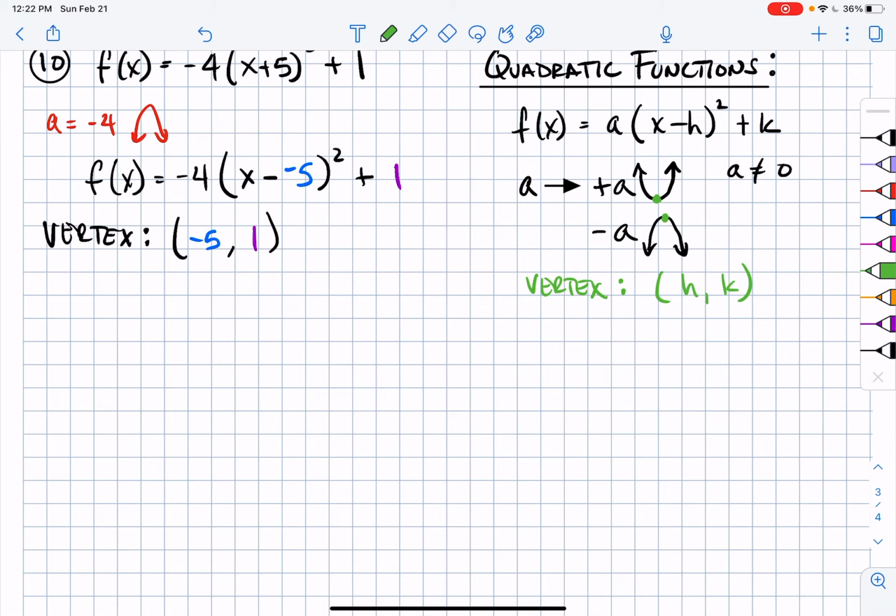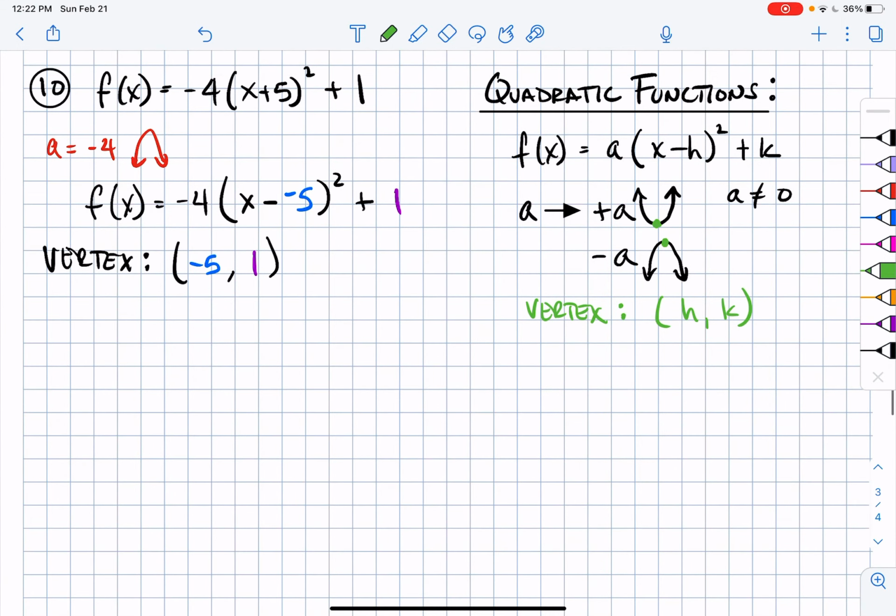And it tells you to use intercepts. Well, I can find my y-intercept, right? So how do you find the y-intercept? Well, what I know about y-intercepts is that x is always equal to 0. Okay, so let's find f of 0.